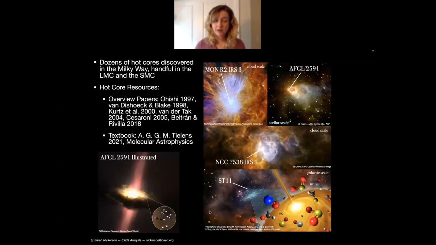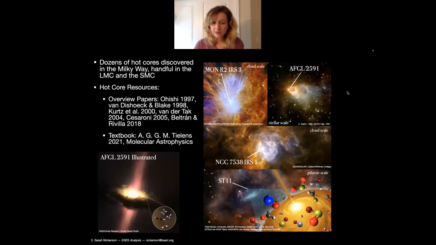We can see here MON R2, AFGL 2591, NGC 7538. These are all images of hot cores or their surroundings. In the AFGL image, you can see a jet forming from the individual star. Whereas MON R2 and NGC 7538, these images are more showing the surrounding cloud region that formed the star, and then the star is eventually going to ionize.